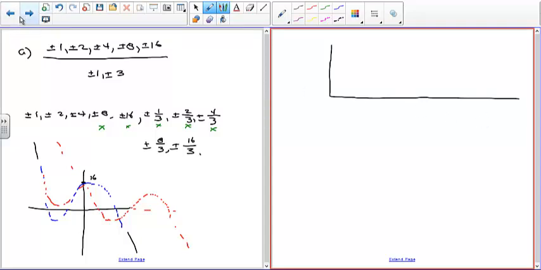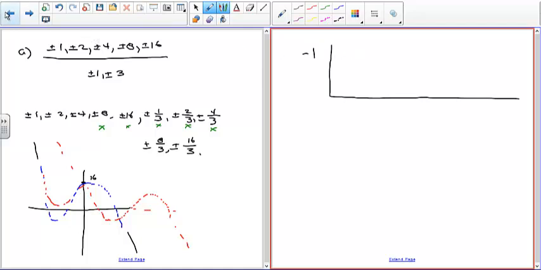So one thing is if you put in -1 and it's greater than 16, then you would expect it to look like this. If you put in -1 and it's lower than 16, you probably expect maybe this kind of situation. That's what I'm guessing. So let's put in -1.